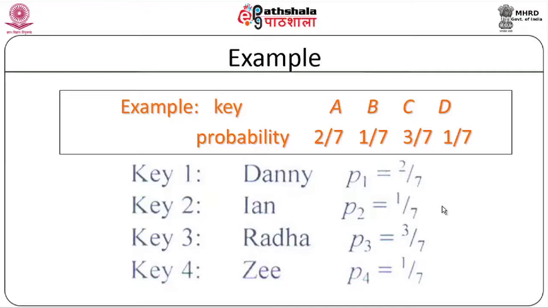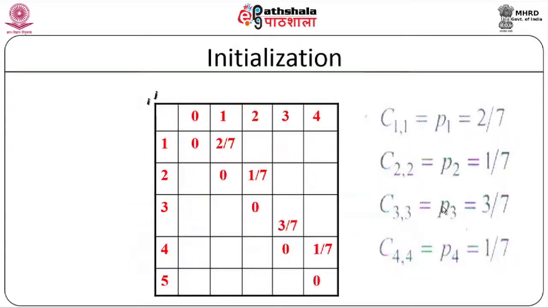As I said earlier, the brute force method is not possible, because it requires finding out all possible combinations, which is going to be very tough. So, let us try to apply the dynamic programming concept. This is how the table looks.